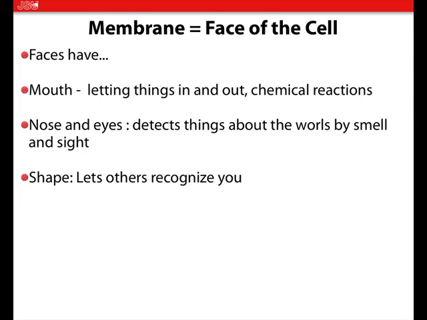Same thing with the membrane. It's like a mouth, it's going to let things in and out. It's like your nose and ears, it has receptors on it that detect things about the environment. It has tags on it, for example, MHC markers that tell other cells what type of cell it is. Just a summary of what we talked about before.